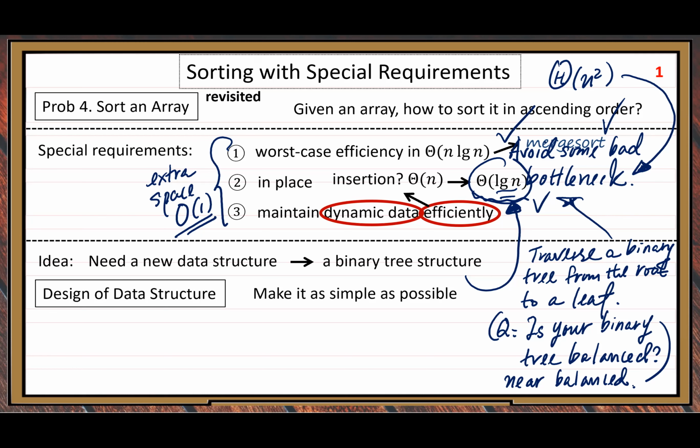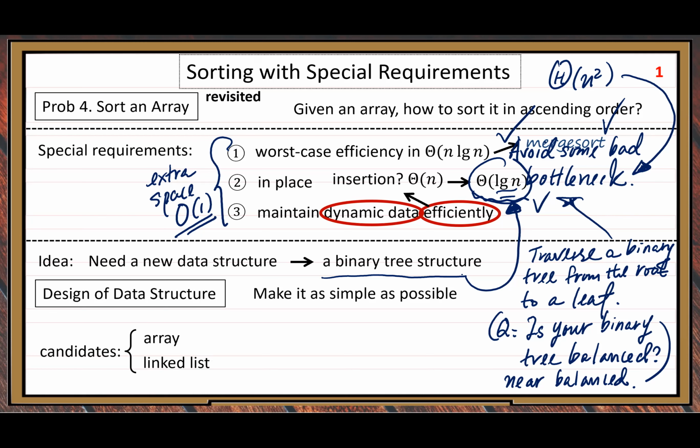So let's look at the candidates. What kind of options do we have at this point? Remember, we want to represent a binary tree structure. One option is array.